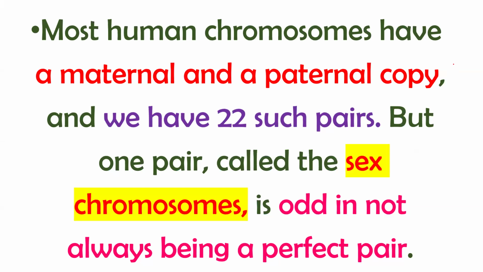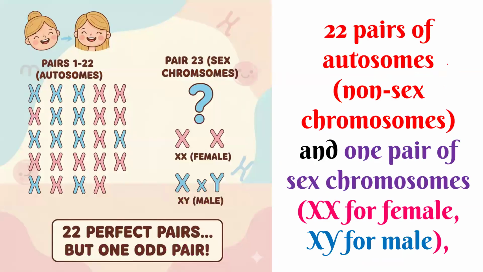So 22 pairs are the same, but one pair, called the sex chromosome, is odd. It is not always a perfect pair. The 22 pairs are called non-sex chromosomes or autosomes. One pair is the sex chromosome, that is XX for female and XY for male.